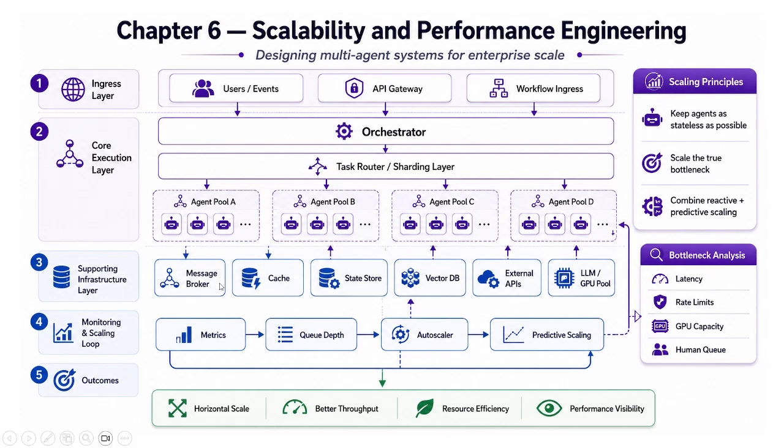So you can determine whether to increase latency, to increase the rate limit, to increase the GPU capacity, or to implement a human queue or human in the loop. These metrics and logs allow you to determine the bottleneck and solve the problem.